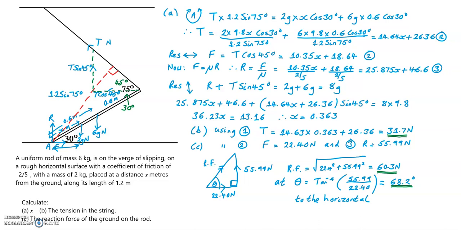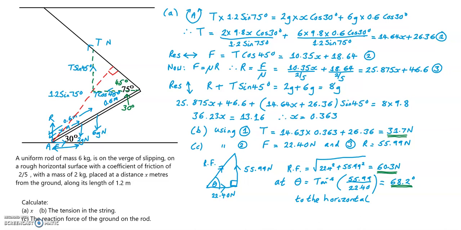So for part A, I have now taken moments about the point A. Now a moment is force times perpendicular distance, so I put on the red dashed line to represent the perpendicular distance that the string makes with the point A. Now that red dashed line is the side opposite the angle of 75 degrees, and the hypotenuse is the length of the rod, which is 1.2 meters.